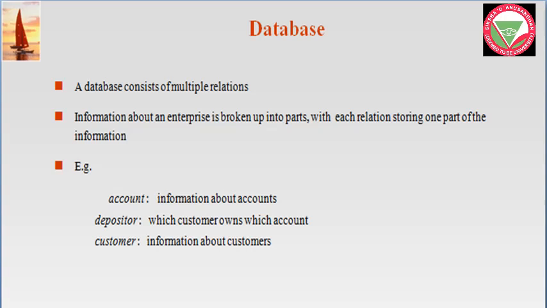The account relation will have all the information about the accounts. The depositor relation will have the information about which customer owns which type of account, and the third, the customer relation, will have the information about all the customers related to a bank.